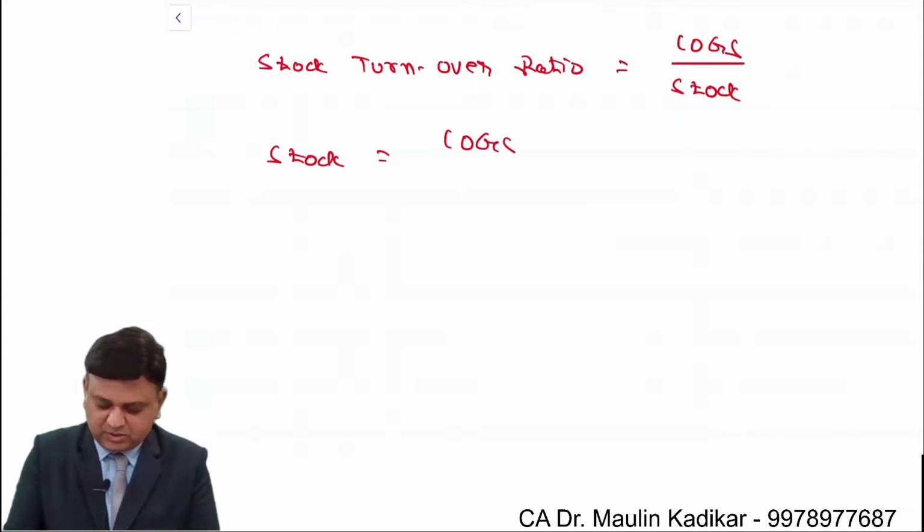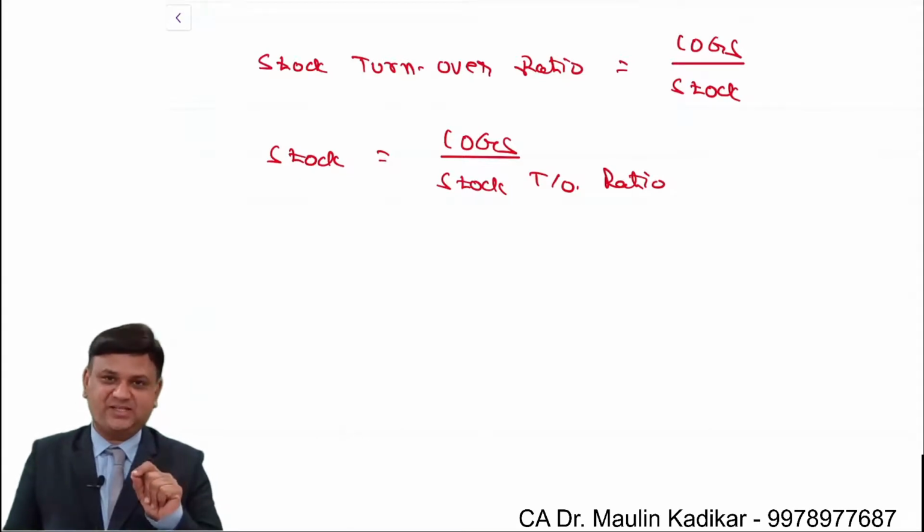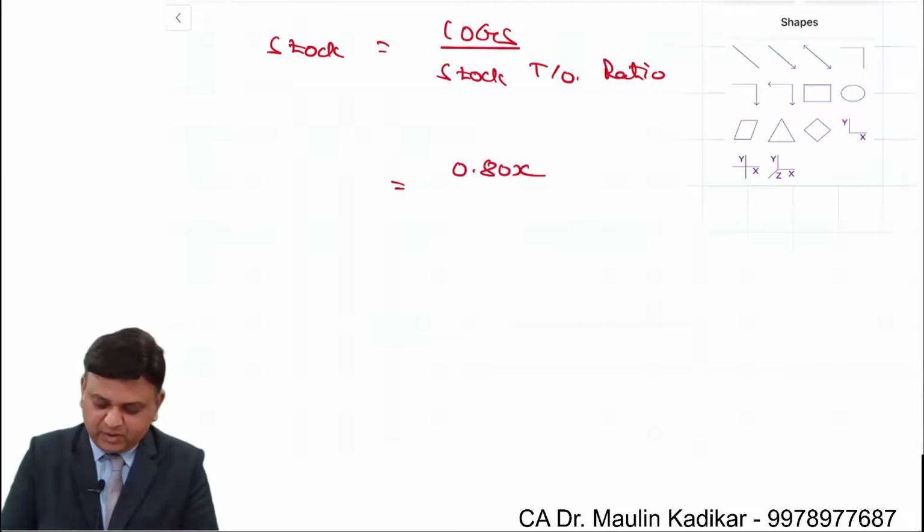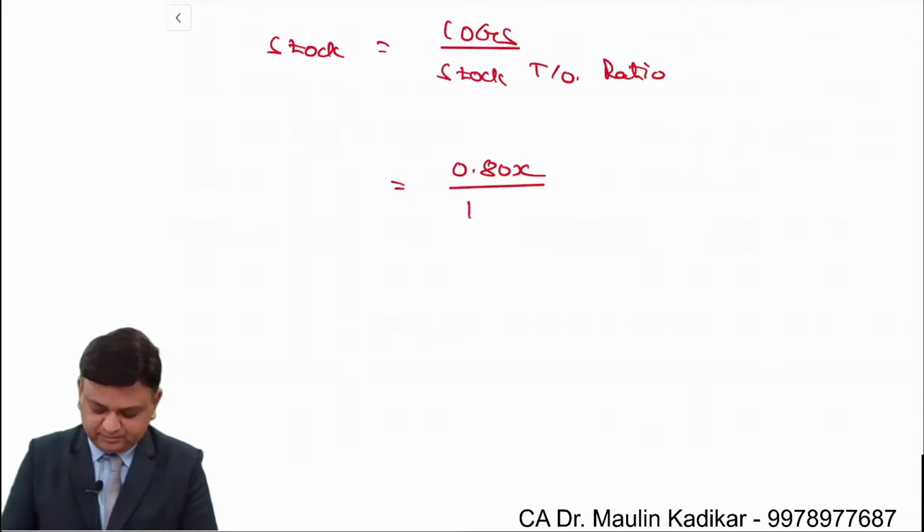Stock is equal to COGS upon stock turnover ratio. Now suppose the sales is X, then COGS will be 0.8x upon 16, because the stock turnover ratio is 16.